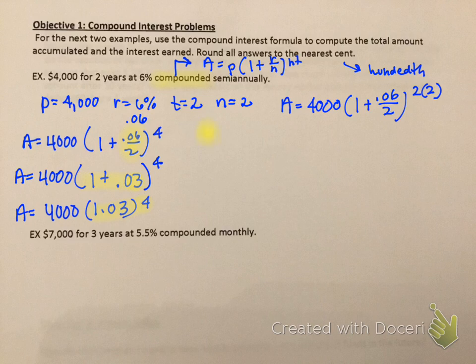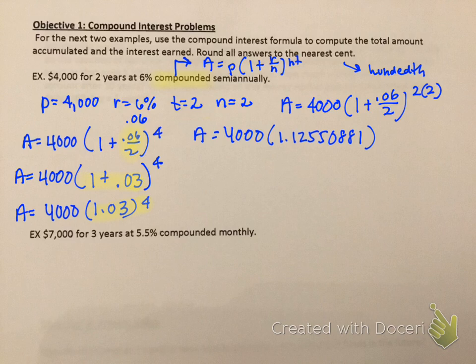I get 4,000 times, and when I put 1.03 to the 4th power, I get 1.12550881. And that's what I was talking about. Do not truncate the number. Do not round it until the end. Okay? All right. So I'm going to multiply those two together.